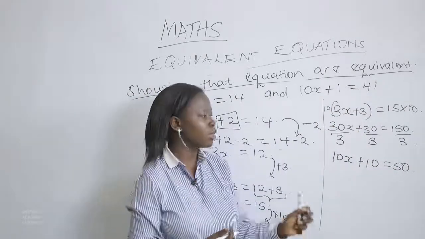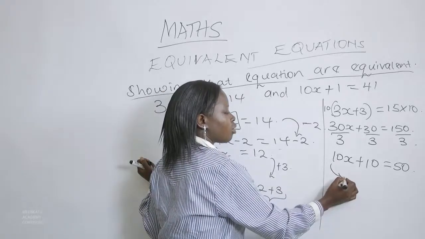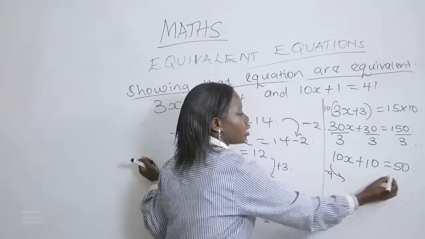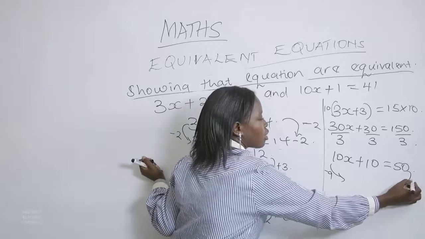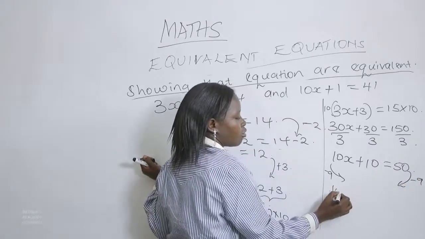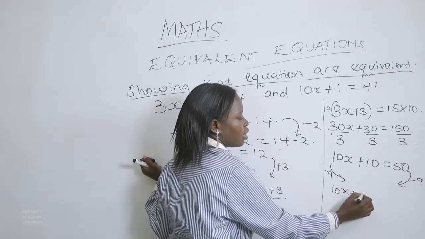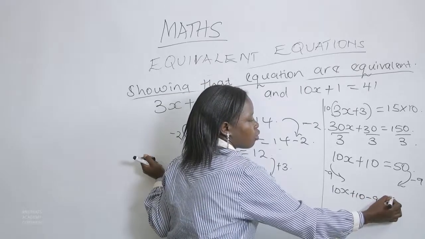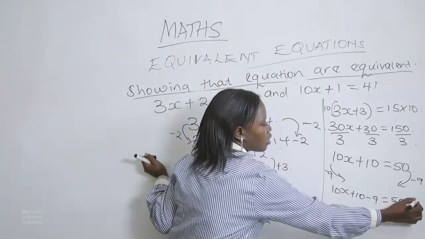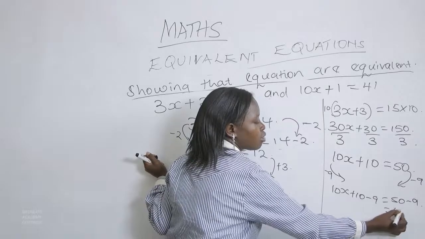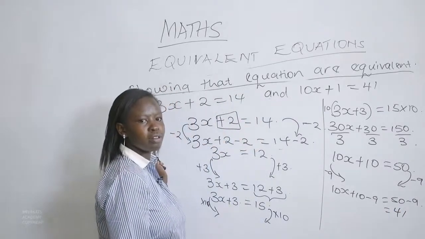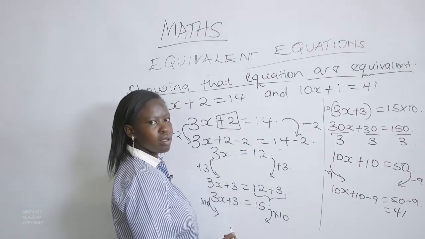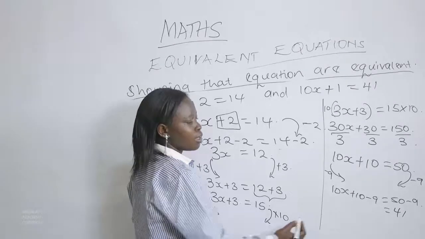So what does that mean? If I subtract on the left-hand side minus 9, I subtract on the right-hand side minus 9, then I'll have 10x plus 10 minus 9 is equal to 50 minus 9. And 50 minus 9 is 41. 10 minus 9 is 1.